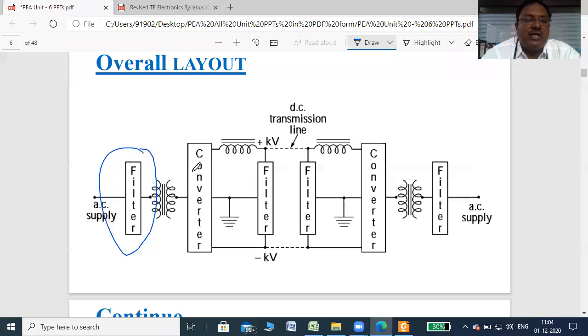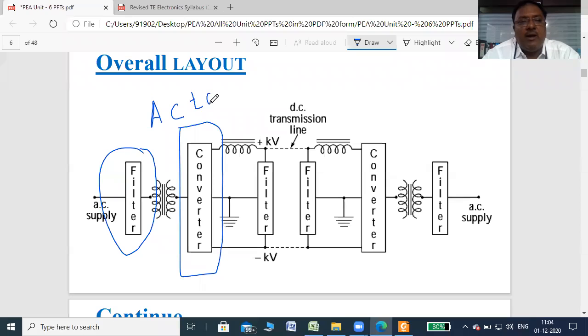Then the output of the transformer is given to the converter. This is an AC to DC converter, because the supply is AC and it is converted into DC with the help of this converter. Now this converter is definitely a three-phase converter, as the supply voltage is three-phase, because single phase has low power.